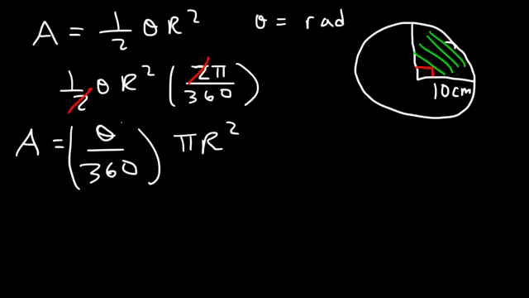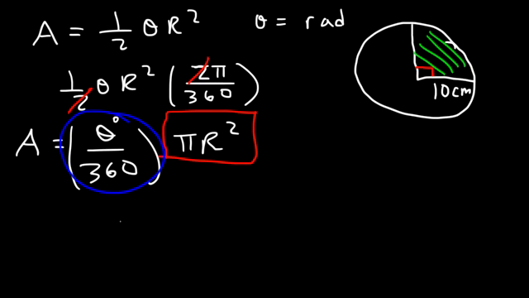So now theta is the angle in degrees. And if you think about it, pi r squared is the area of the entire circle, and theta over 360 is the fractional part, which represents the area of the sector relative to the entire area of the circle.